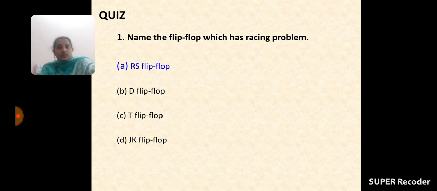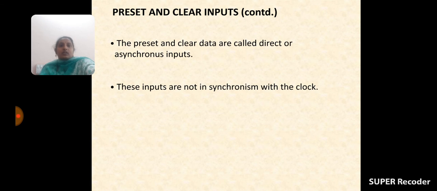So racing condition means even though the two inputs are high, the output is not changed, that is, it is in hold condition. That condition is called racing condition. Okay.